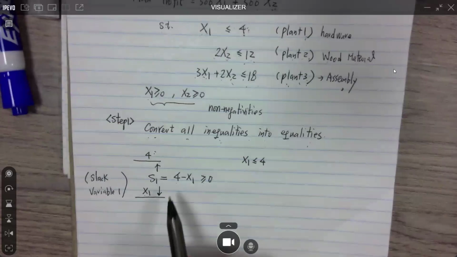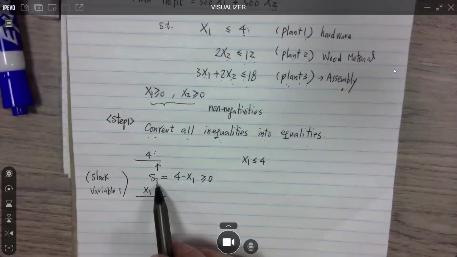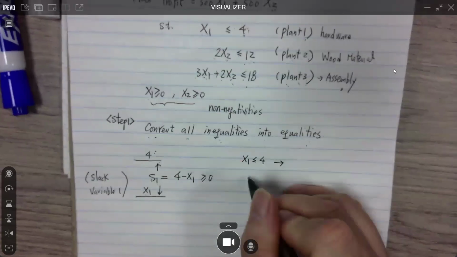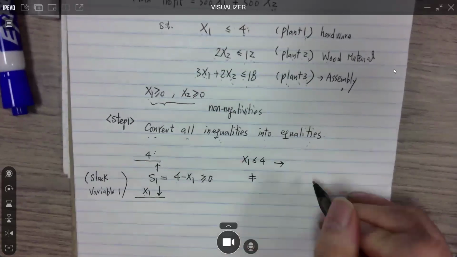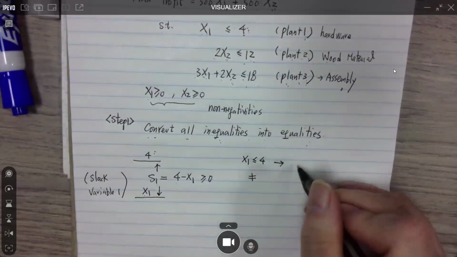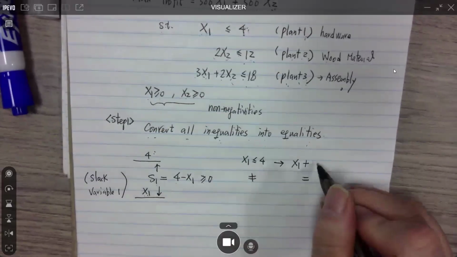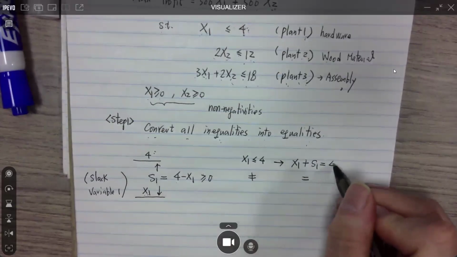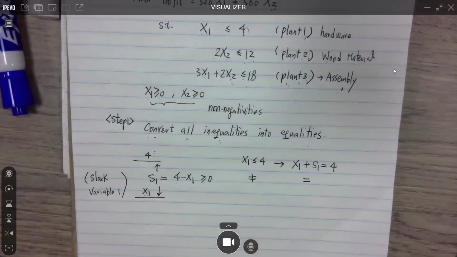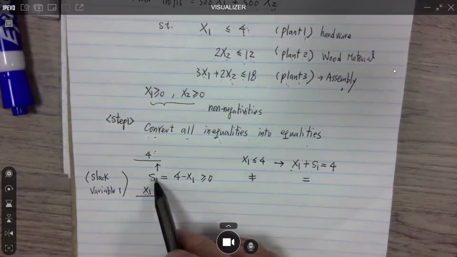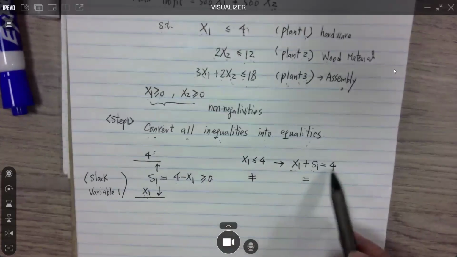So the slack variable 1 is what? Bigger than or equal to 0. Okay? So this one I can convert from inequality to equality. That is x1 plus s1 is equal to 4.